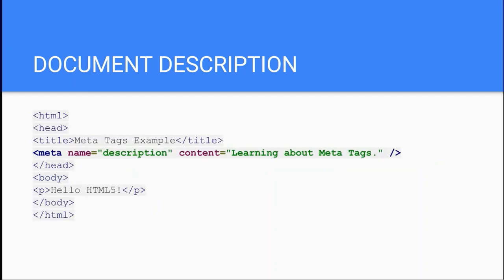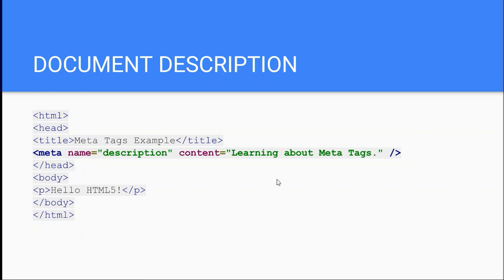Let's talk about the meta tag document description. You can see a code here that is starting with HTML and ending with HTML, with the head, and the meta tag belongs to the head tag. So we gave a name here, and we gave a value, description. The content is learning about meta tags. That's it.